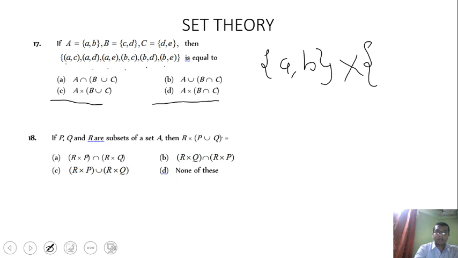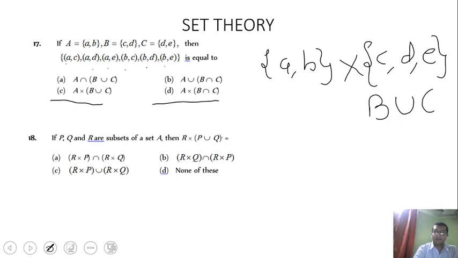CDE is obtained by B union C, right? So it is A cross B union C, therefore C is the right answer. Like this, comparing, we can do it. If you go on solving, it will take a lot of time. With this simple trick, you can solve any number of examples.